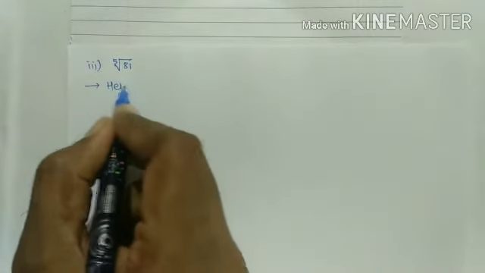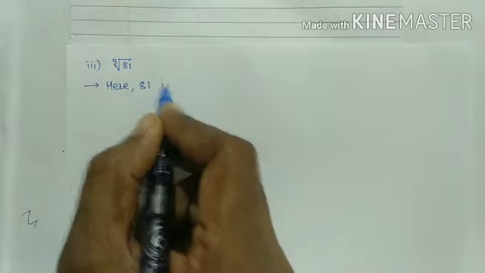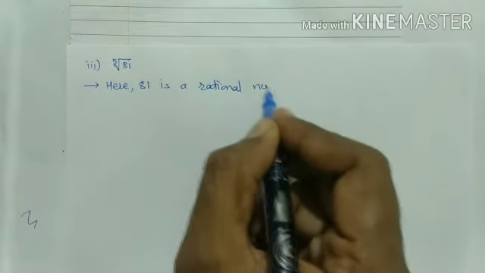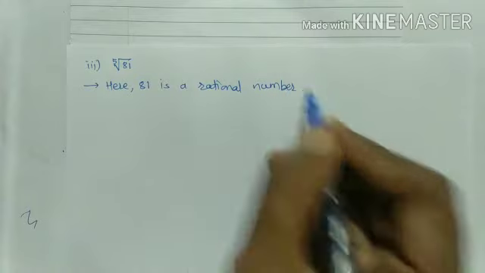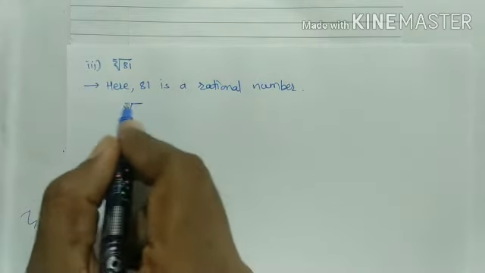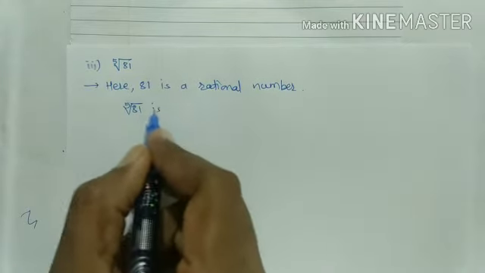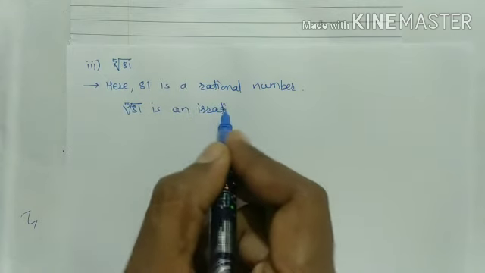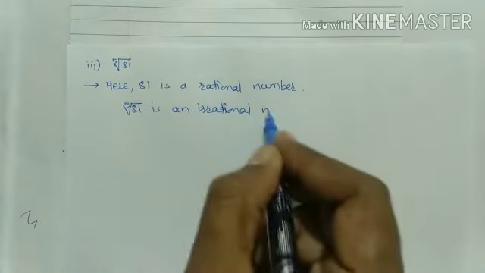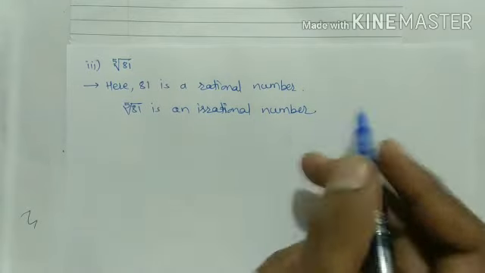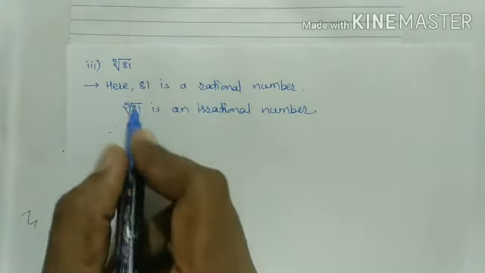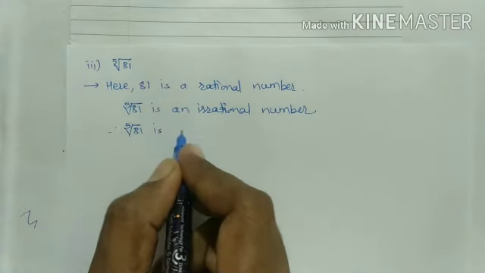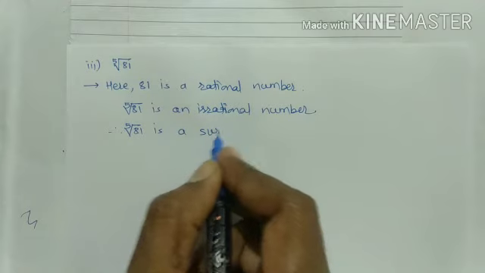Here this 81 is a rational number, and this fifth root of 81 is an irrational number. Therefore this fifth root of 81 is a surd.